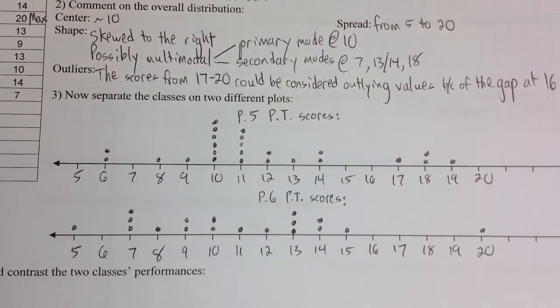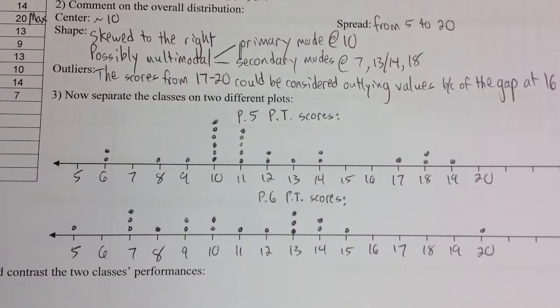Daniel Cho, what's similar? What's different? The first difference, I guess, is the modes. Period 5, 10 would be the primary mode, whereas period 6 there are 2 primary modes, I think, 7 and 13.